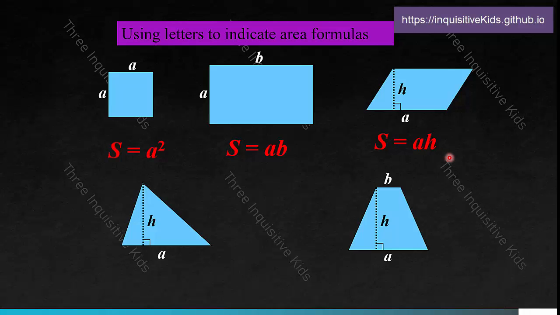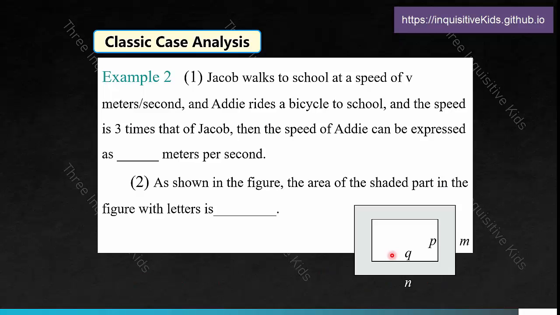And then for this, we have AH, because that's the height and the base. Then we have, for triangles, AH divided by 2. Finally, for the trapezoid, we have the sum of A plus B times H divided by 2. As you can see, these are all formulas that you have learned earlier on in your life, and we can literally use variables to represent almost all of them.